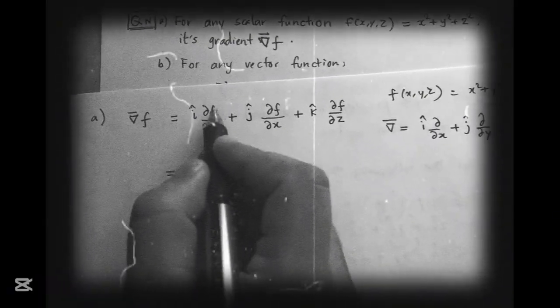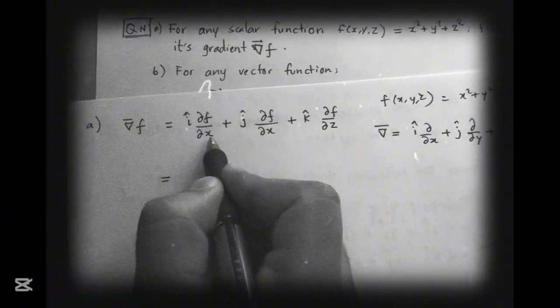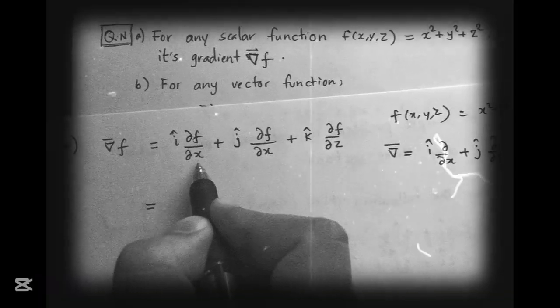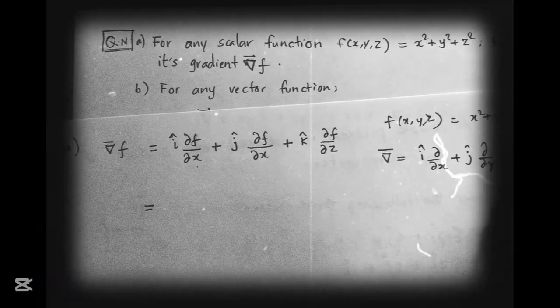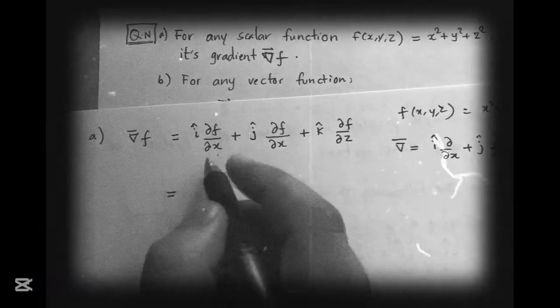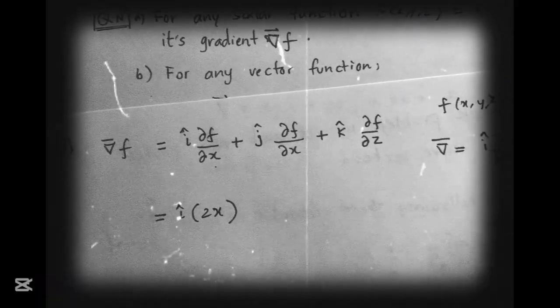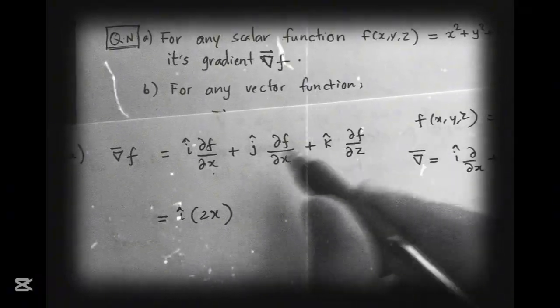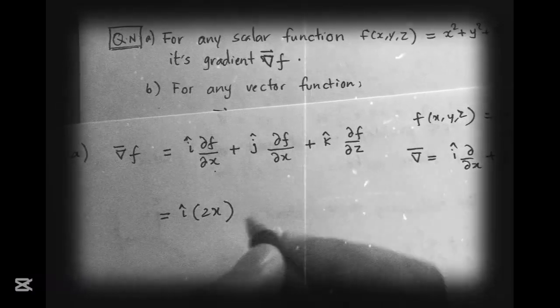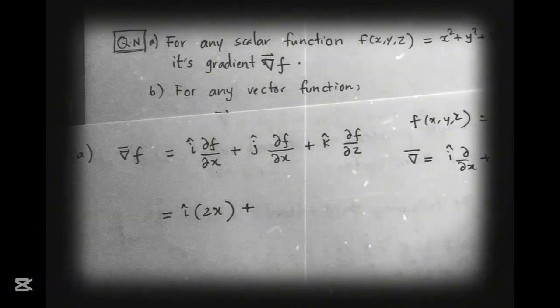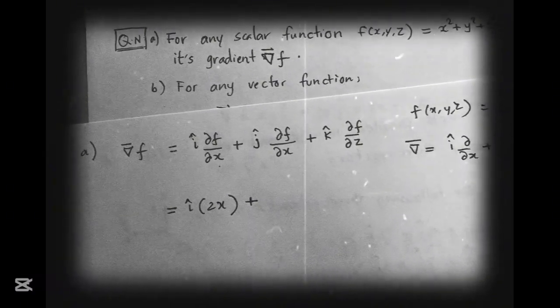Now, when I'm taking the partial derivative of f with respect to x, y and z will be considered constant. So the first term will give me twice x, because the derivative of x squared with respect to x is twice x, whereas the other quantities won't give me anything.